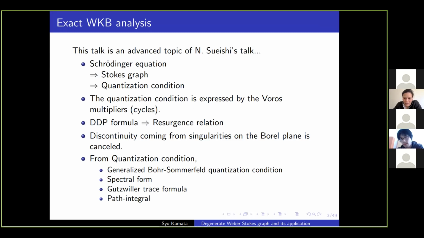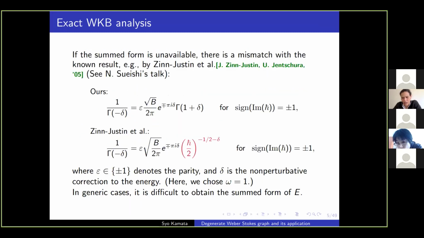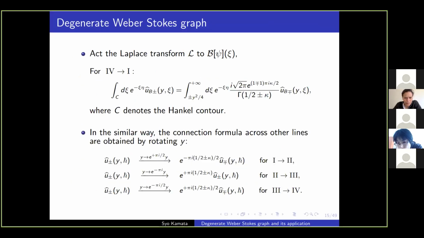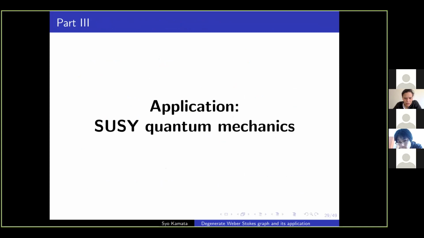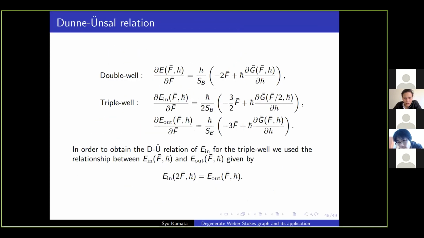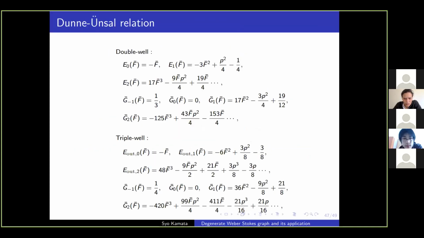Just, again, I think that it comes from the same thing, but in the same slide, I think, 47. Yes. So this is E0, E1, E2.